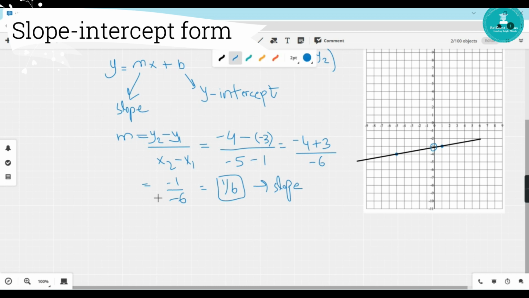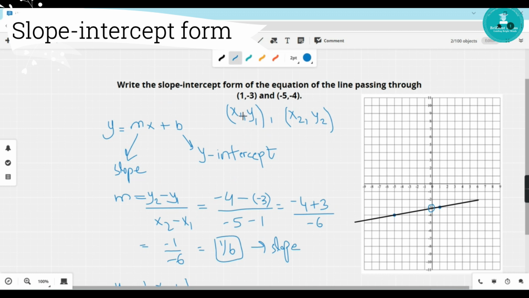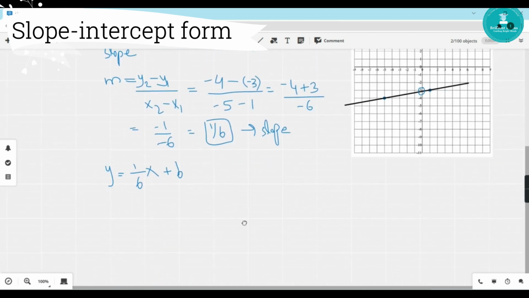We have this equation y equals m, that is 1 by 6, x plus b. They have already given us 2 points, x1, y1, x2 and y2. I will be using a pair of points. For example, I will be using either (1, -3) or (-5, -4) to figure out the b value.